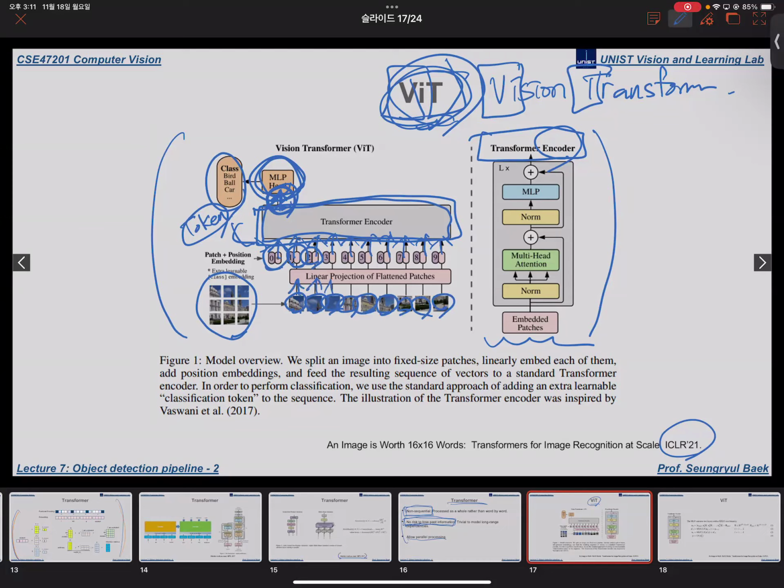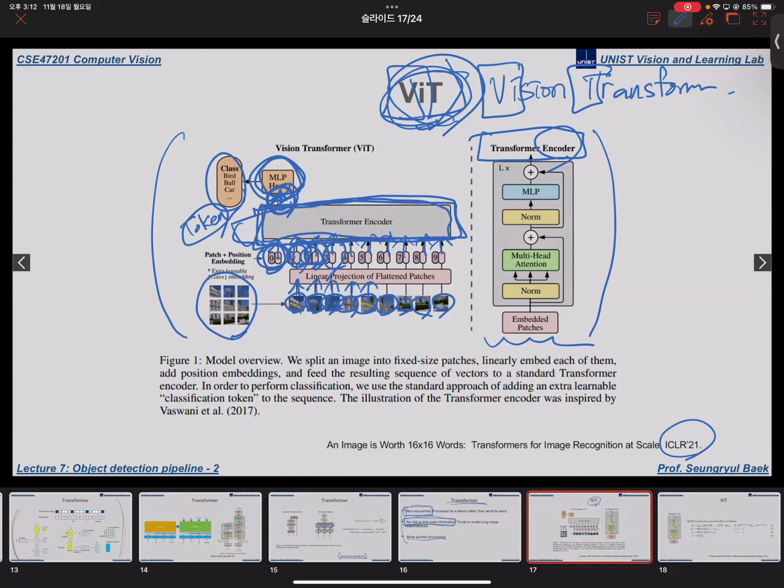Somehow we transform them by applying some linear layer, and we can also add some positional embedding by using their XY positions, and make this kind of tokens.